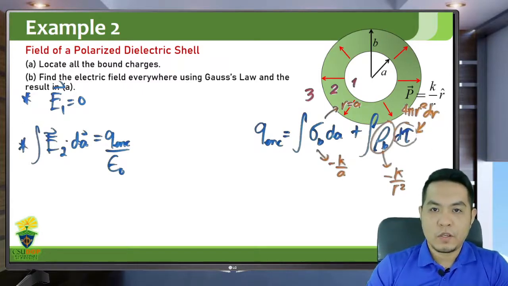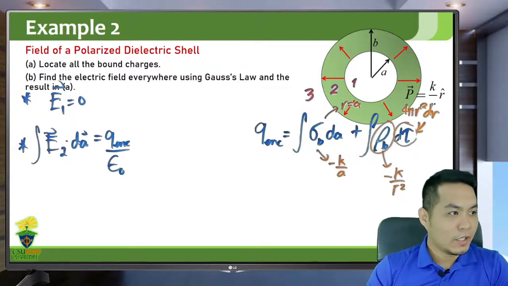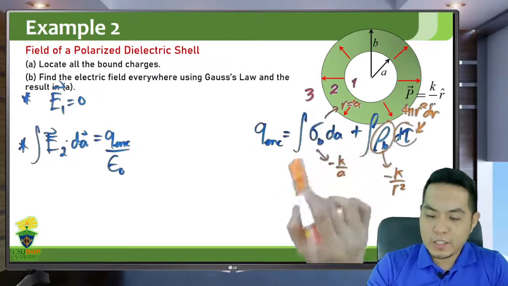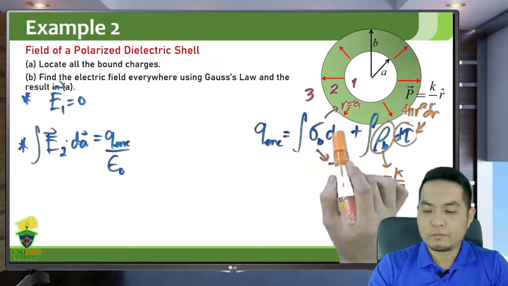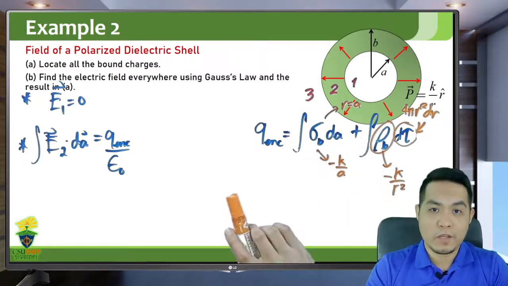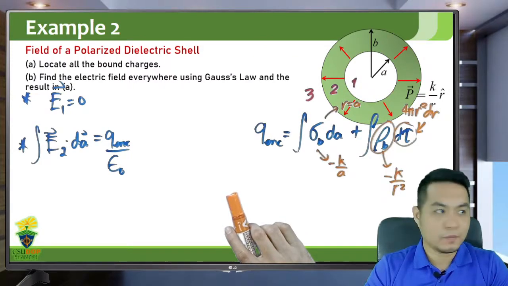Okay, so since this is constant, we take it out of the integral, and it's just the total integral of dA, which is the total area of our Gaussian surface. So it's 4 pi R squared in this case.